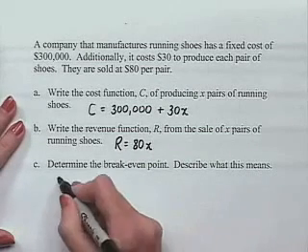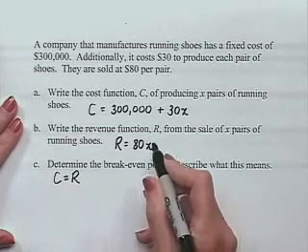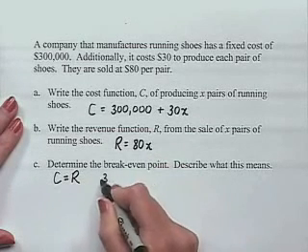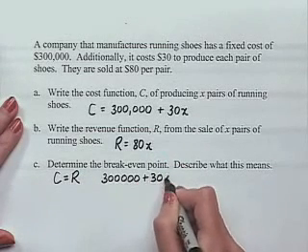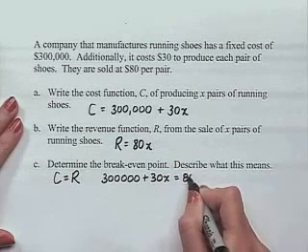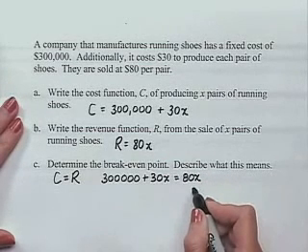Our break-even point will be where our cost is equal to our revenue. So in this situation, we're going to have 300,000 plus 30x equals 80x. We can solve this by subtracting 30x from both sides of the equation.